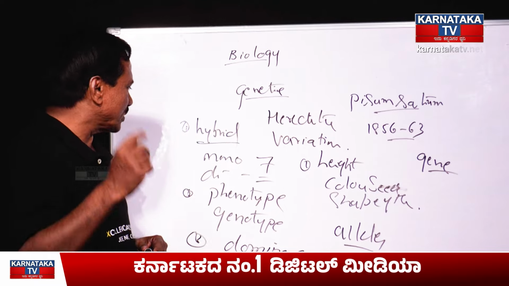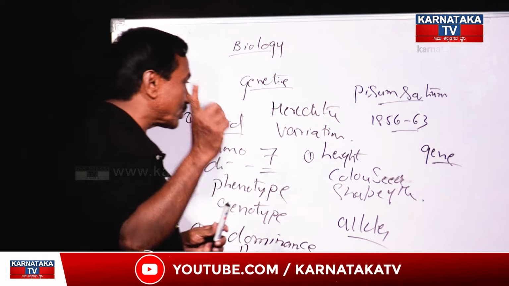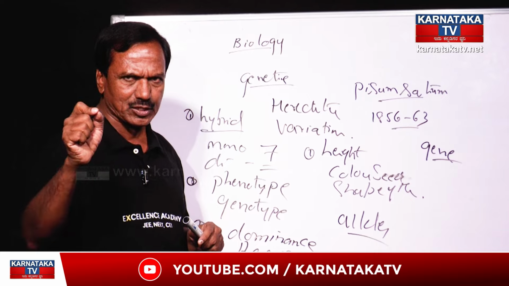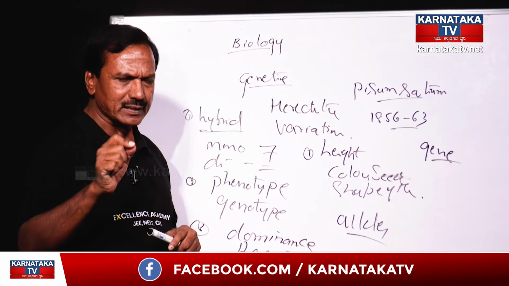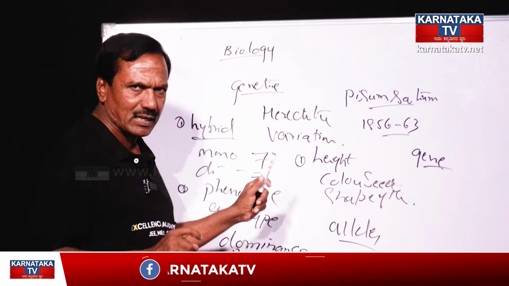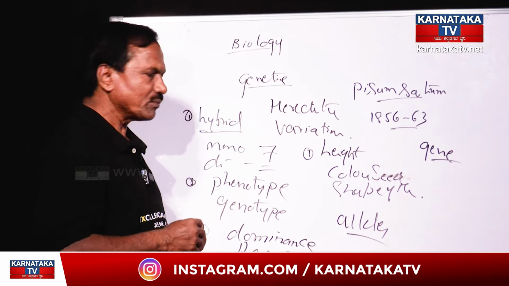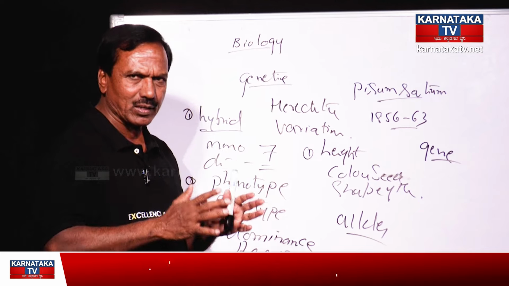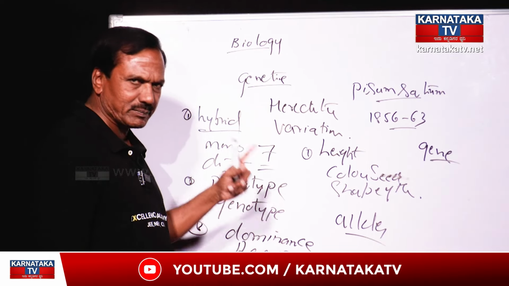Okay, so as I told you, when the question is asked for 5 marks, explain the one gene inheritance experiment. What you have to do is, first you have to define the term monohybrid cross. As I told you, a cross made to get a monohybrid is called a monohybrid cross.